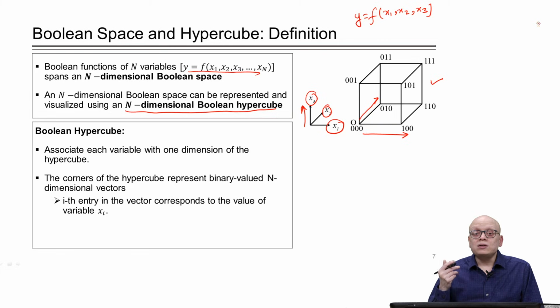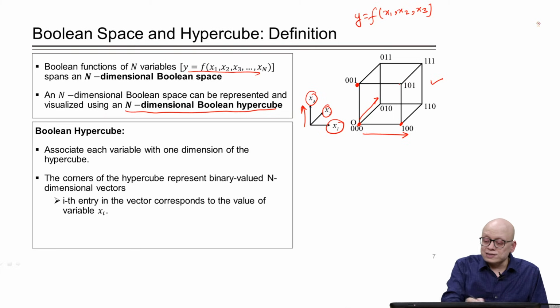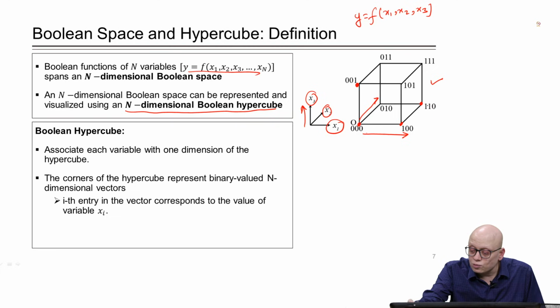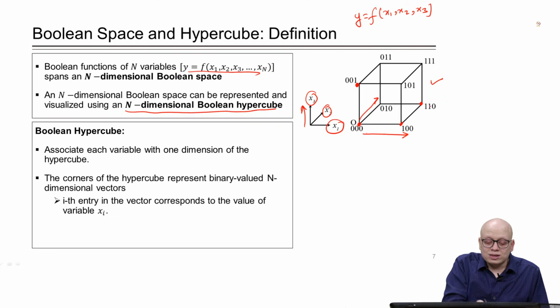Now, in the truth table we saw that each row represented a combination of values for the input variables. In the case of a Boolean hypercube, each corner represents the values assigned to the Boolean variables. So, for example, let us take this corner, 1 1 0. The ith entry in the vector corresponds to the value of the variable xi.